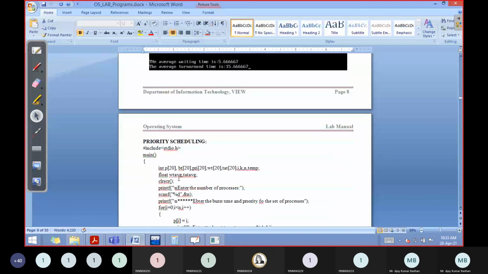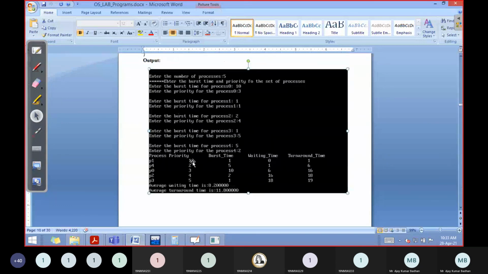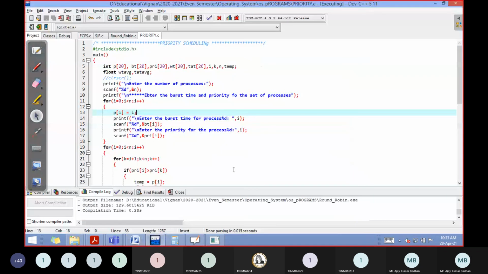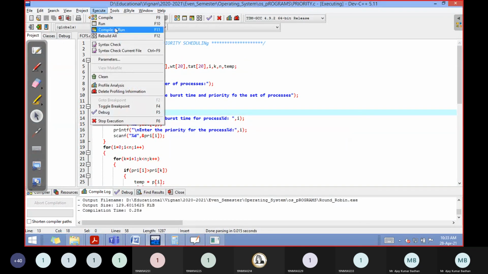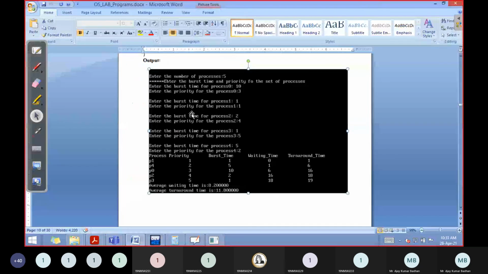For the priority scheduling, the priorities we are giving are 1 2 3 4 5, and the burst times are 1 5 10 2 1. Okay, so let's execute and see. How many processes are we giving here? Total 5 processes.